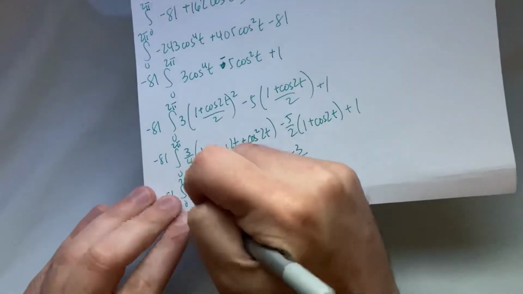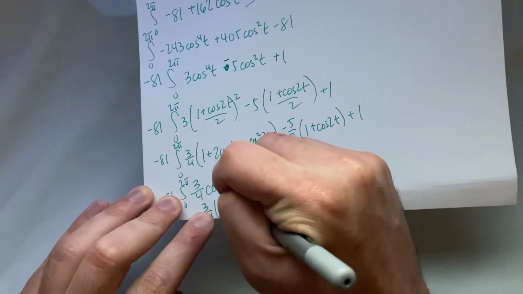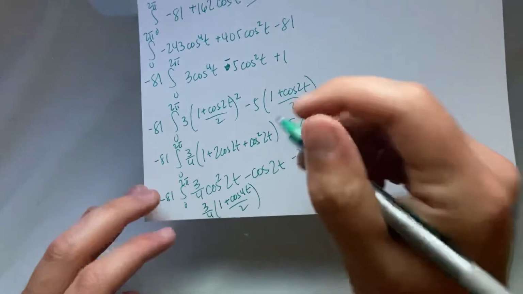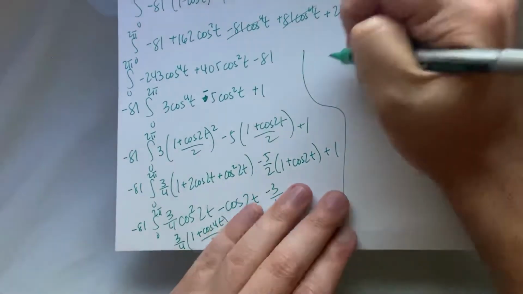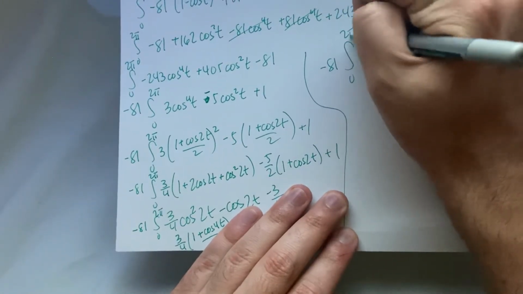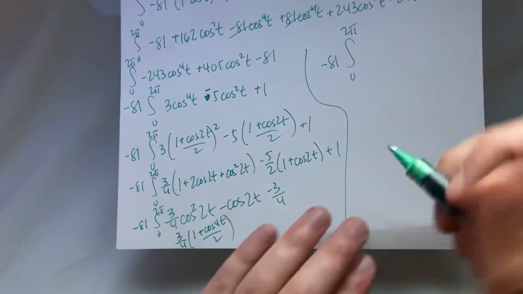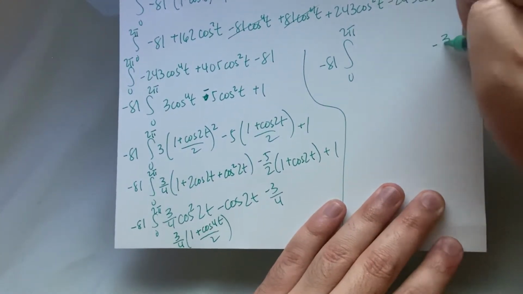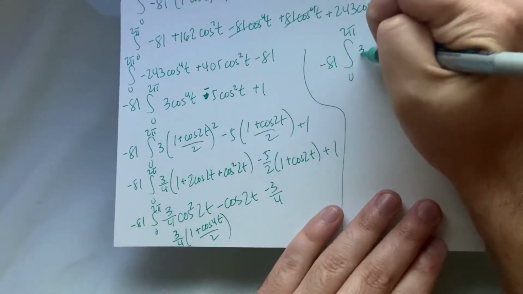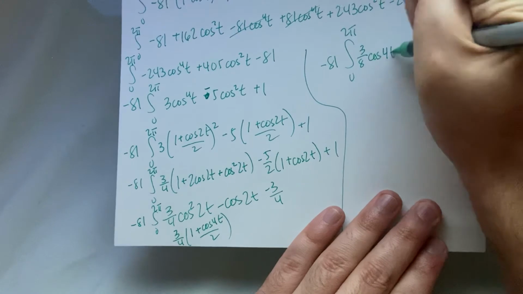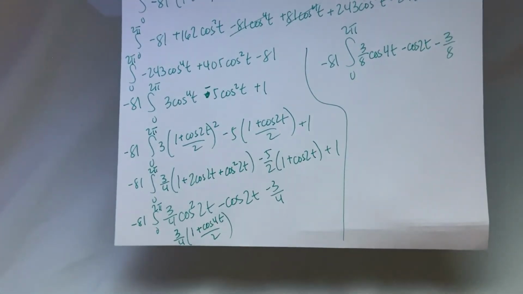And then we will power reduce this again. This is now (1 plus cosine of 4t) over 2. I'll bring it up over here. Okay, so we have negative 81 times the integral from 0 to 2π. This is now 3/8 minus 3/4, which will be negative 3/8. We have a 3/8 cosine 4t minus cosine 2t minus 3/8.